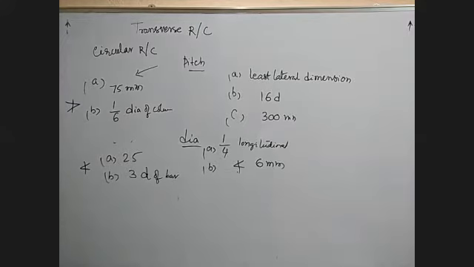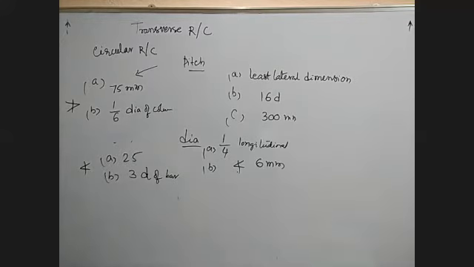And the other one is, what is that first one? Reinforcement. Okay. The first one is based on the reinforcement. We call it as tied column or spiral column. Spiral column, composite columns. Okay. Composite columns.